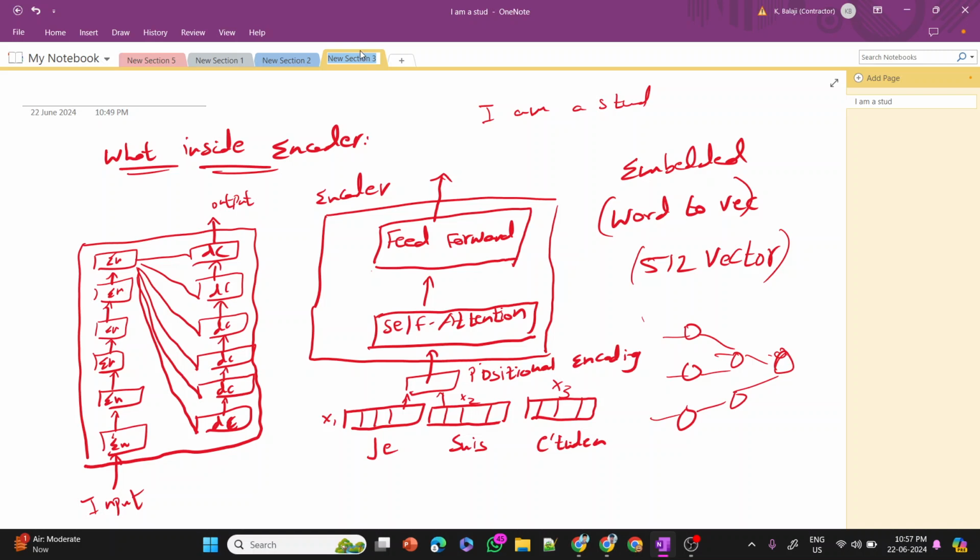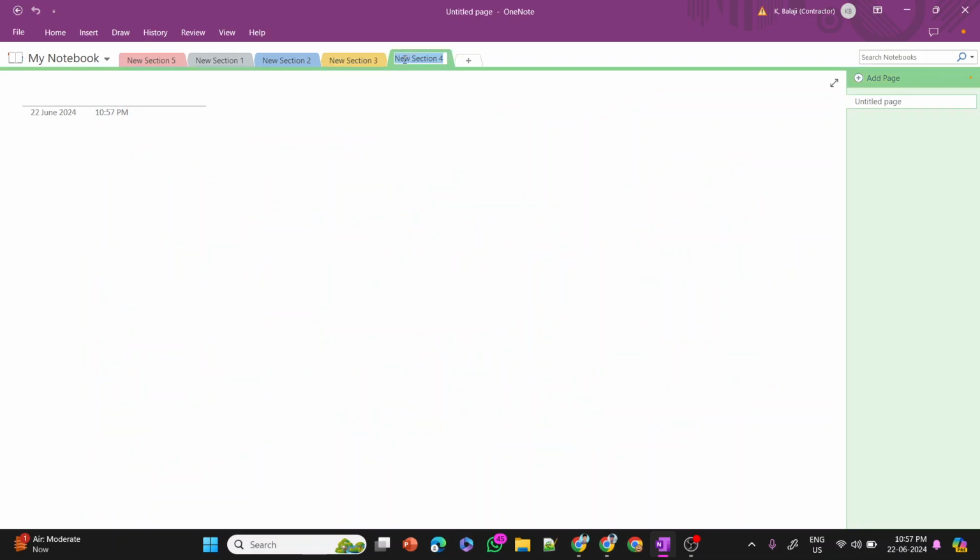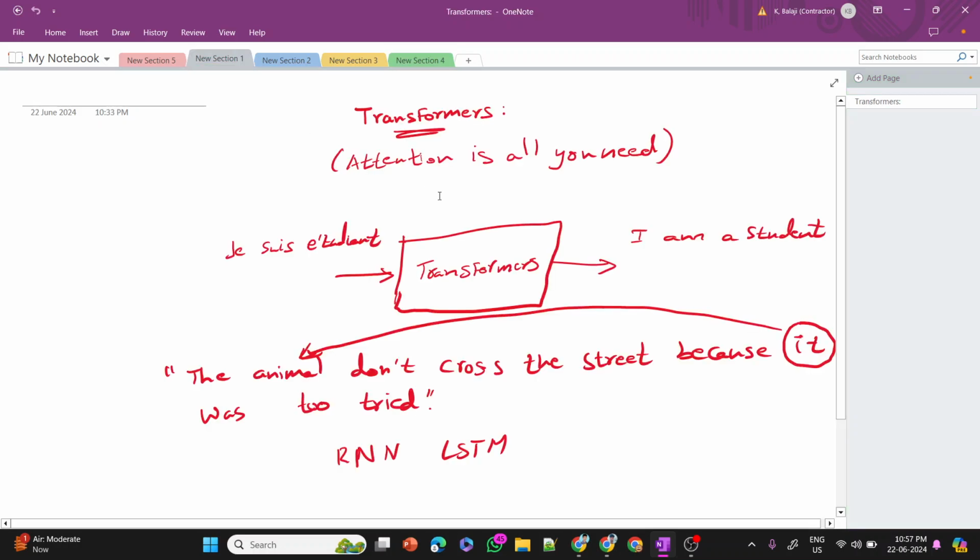In the self attention model, it is the main reason. We already saw that a transformer will understand each word and the relationship between each word. But how does it know about the relationship?